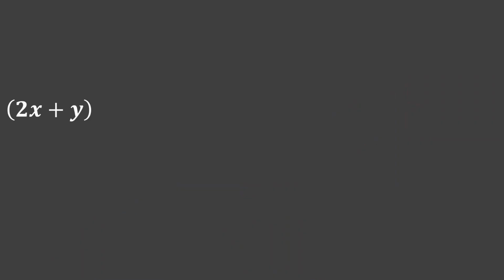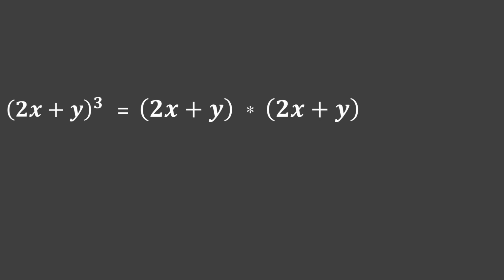Now, what is this expansion? The binomial expansion is simply 2x plus y, all enclosed in the bracket raised to the power of 3. And this simply means 2x plus y multiplied by 2x plus y, and then multiplied again by 2x plus y.